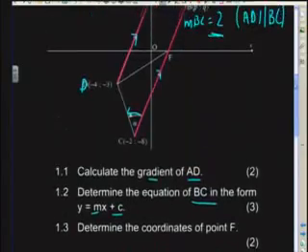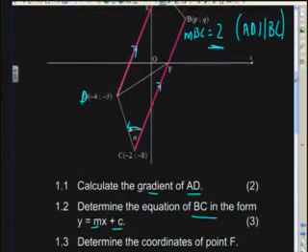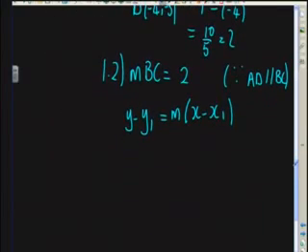Now remember, in order to use that, we need one point on the line. We don't know the coordinates of B, but we do know the coordinates of C are (-2, -8). So that's what we will use to work out the equation of BC. So we've got C is (-2, -8), and that will be our x1 and y1.